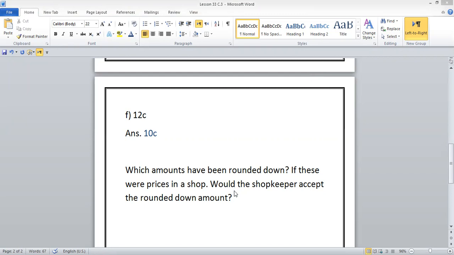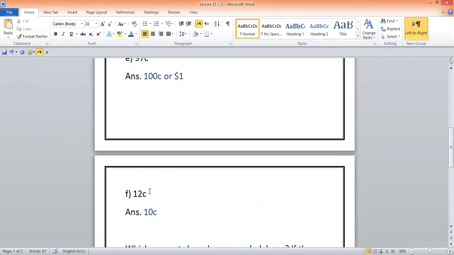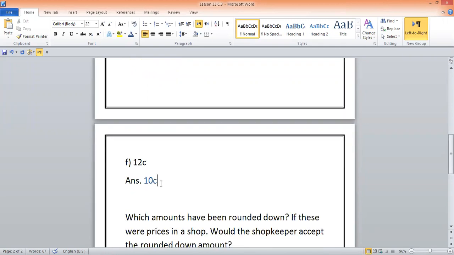We start with the question in the book. Which amounts have been rounded down? If these were prices in a shop, would the shopkeeper accept the rounded down amount? So, guys, what was this question about? This is 12 cents, but when we round off to the nearest 10, it becomes 10 cents.